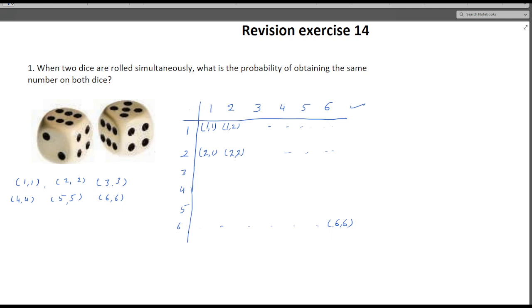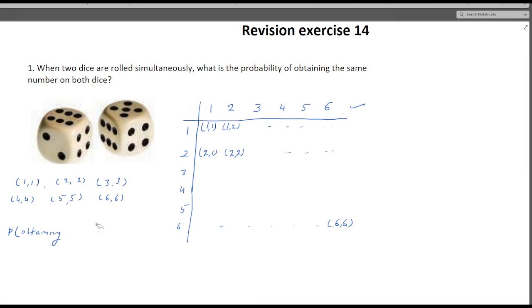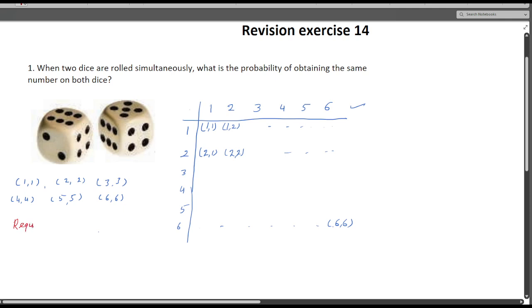So your probability of obtaining the same number, or I will simply say that the required probability in this case, is 6 divided by 36, which gives you answer as 1 by 6.